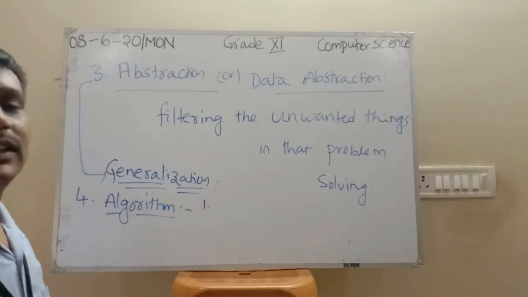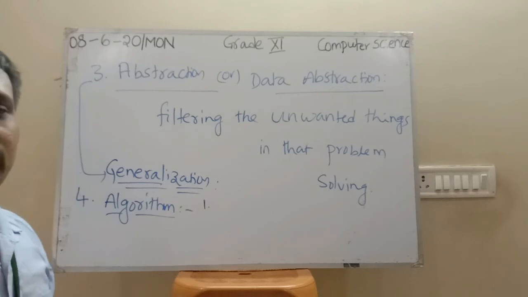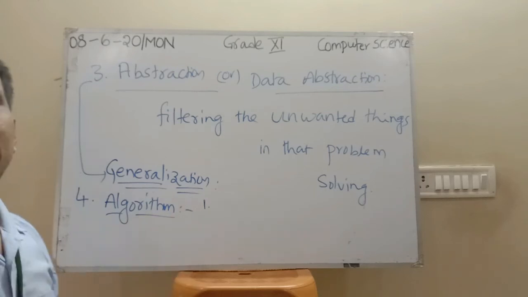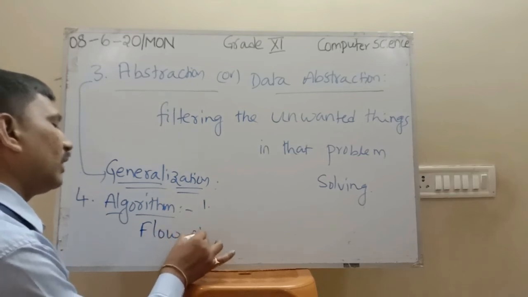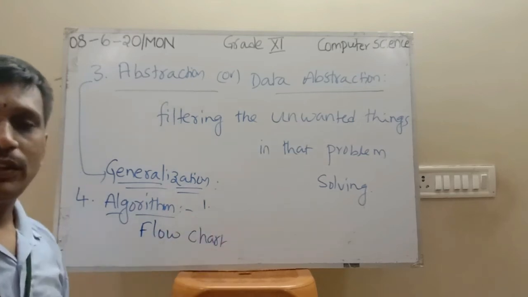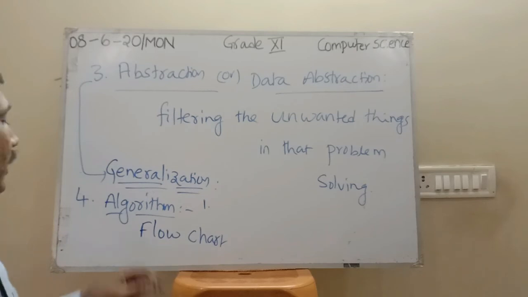After writing the algorithm, we develop all these steps into a pictorial, that is graphical, representation, which we call a flow chart. After that, we implement the algorithm steps in a programming language.